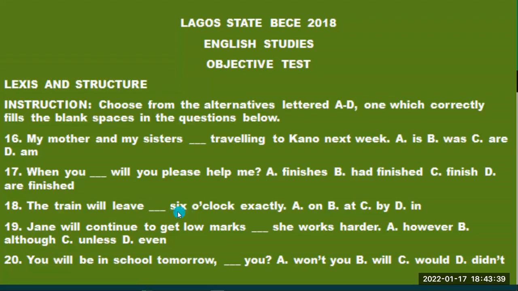And so we need to look at the various options. The train will leave. If with your internalized grammatical principles, you will agree with me that it just sounds natural to say the train will leave at 6 o'clock exactly.